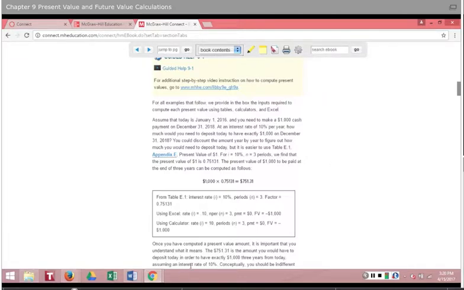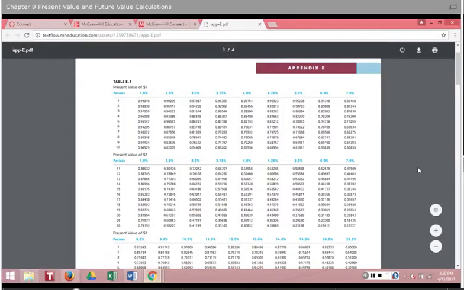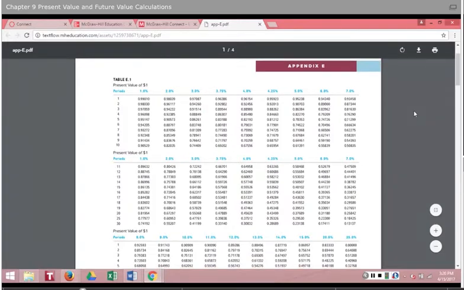So let's go to Appendix E, and let's go to present value of $1. This is also called present value of a single sum. Notice that it goes from periods 1 to 10 and 11 to 30, and the upper tier here goes from 1% to 7%.